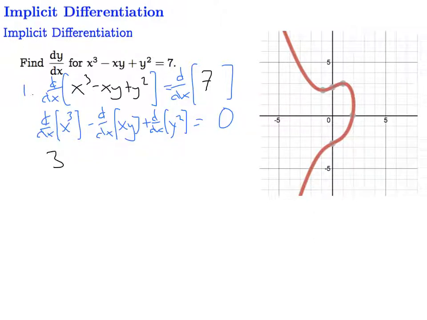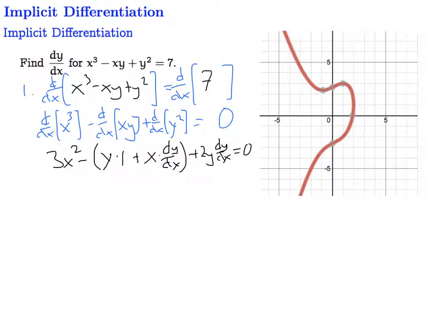So we're going to get 3x squared minus, we have a product rule in here, but we did take the derivative of this earlier in the video. And earlier in the video, we found this was going to be y times 1 plus x times dy over dx. And last, we have to take the derivative of y squared. So this will be 2y dy over dx equal to 0, and that comes to us from our chain rule again.